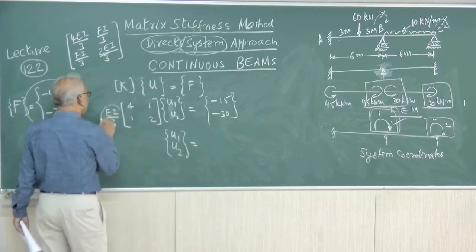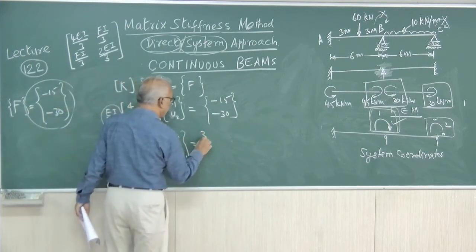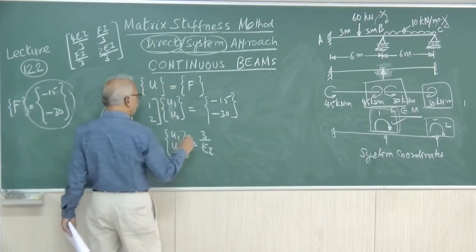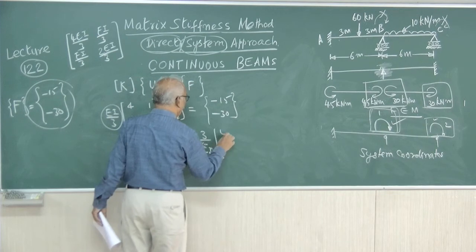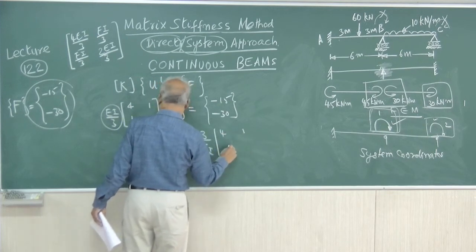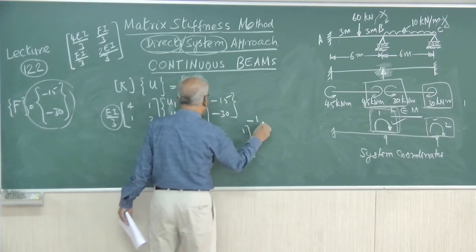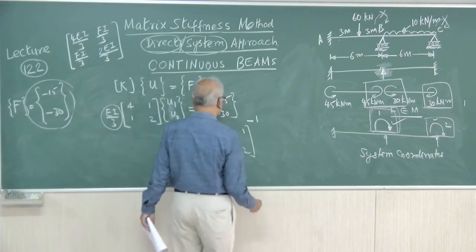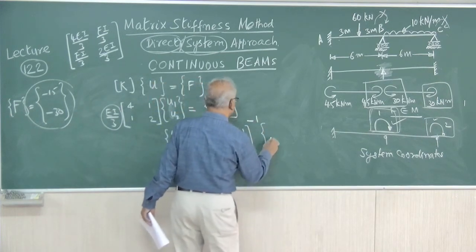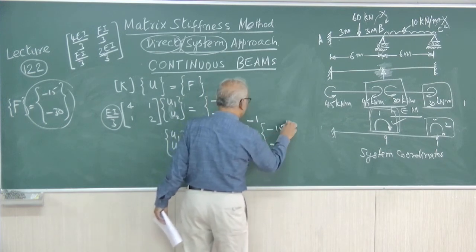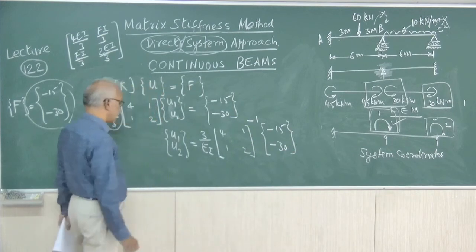When it goes to the right hand side, it becomes 3 by EI into the inverse of 4, 1, 1, 2 into minus 15 and minus 30.